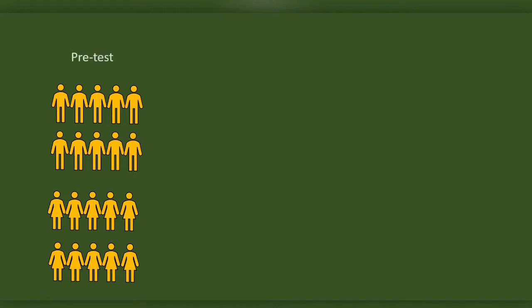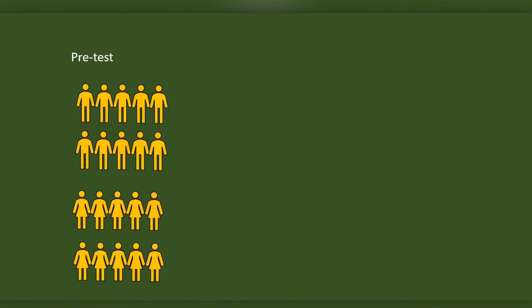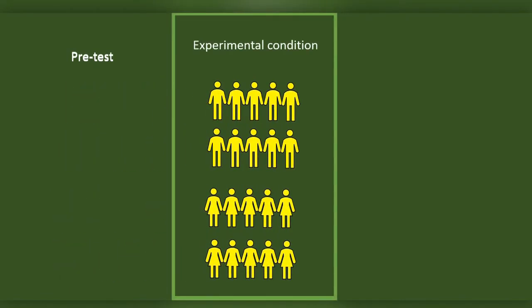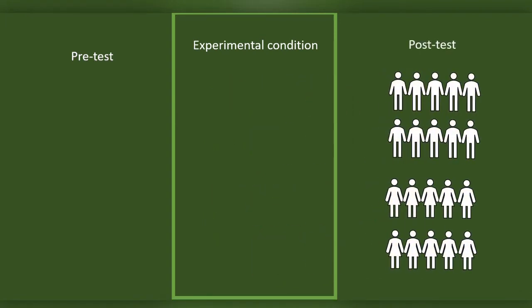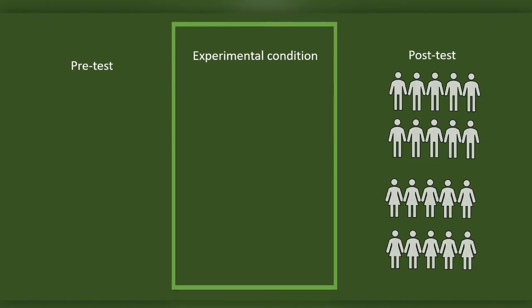We are examining their positive and negative affect by conducting a pretest. After that, they are subjected to an experimental condition to enhance positive affect and reduce negative affect. We are then examining their positive and negative affect by conducting a post test.